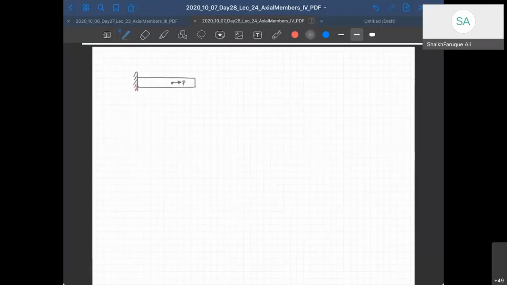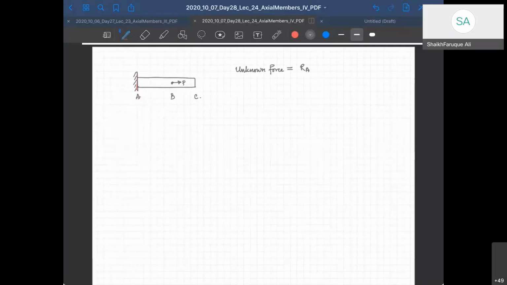Is this problem determinate or indeterminate? There is point A here, B here, and C here. Unknown force is RA, right?